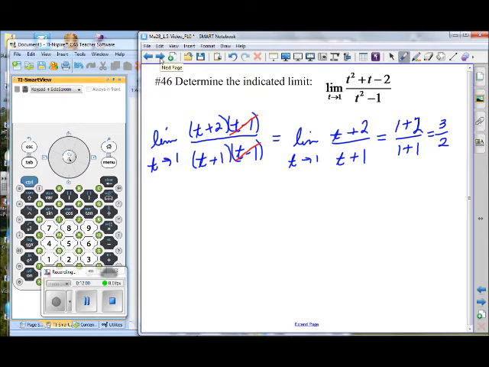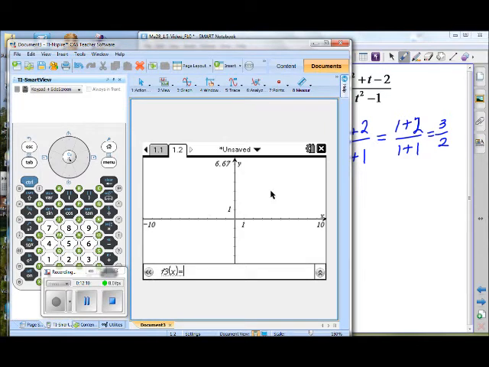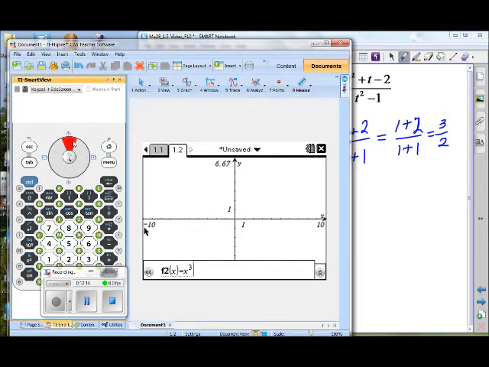For now, let's go on the gray one. Let's go home, pick up a graph page, and let's see. We must have defined some functions before, and we don't want any of those. So we're going to define a new function, f3.